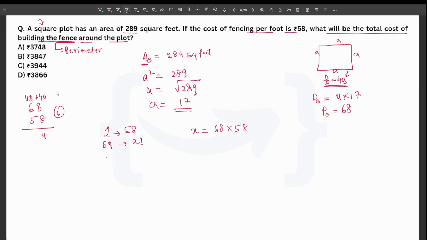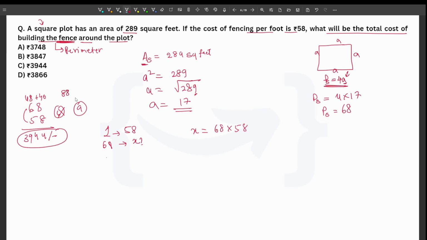So 48 plus 40 plus 6 will give me the value as 94. So again 4, and we have 9 as a carry now. 6 fives are 30, and it becomes 3944 as my total cost.